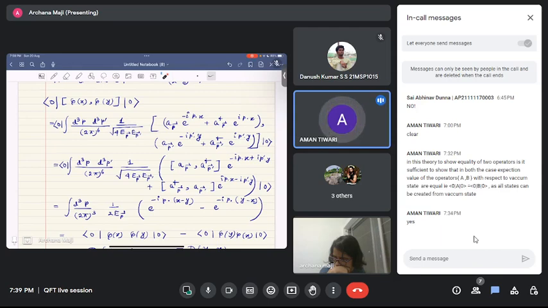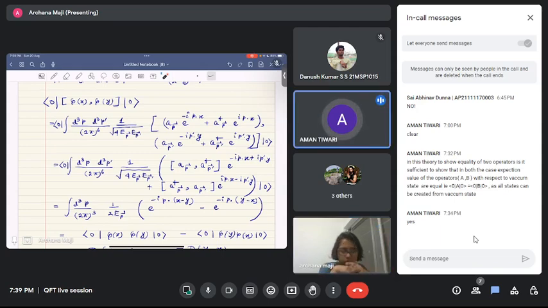So we have to take any two arbitrary kets and sandwich the operator between them. But I was thinking that if you have done it with respect to zero, as in this theory all operators can be created from the vacuum state, that's why you have done it only with respect to the vacuum state. Sorry, I couldn't understand your question.